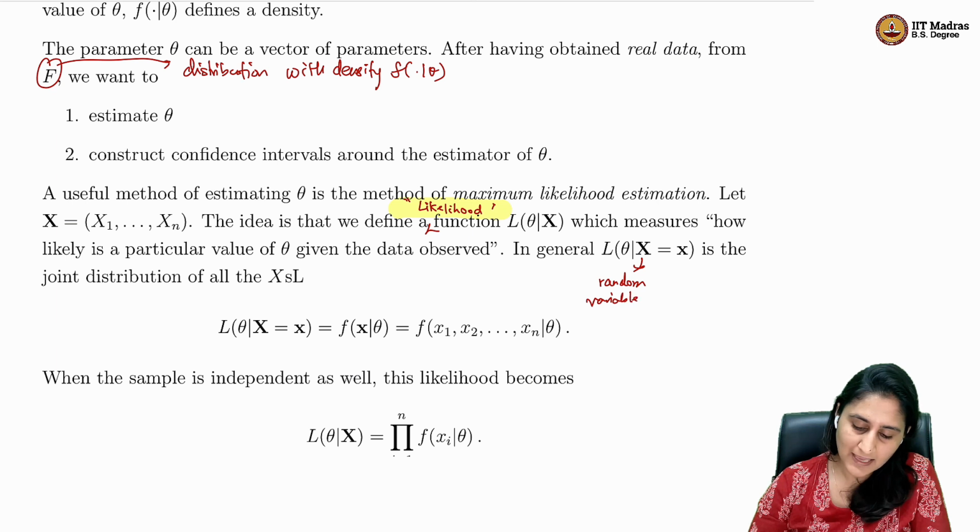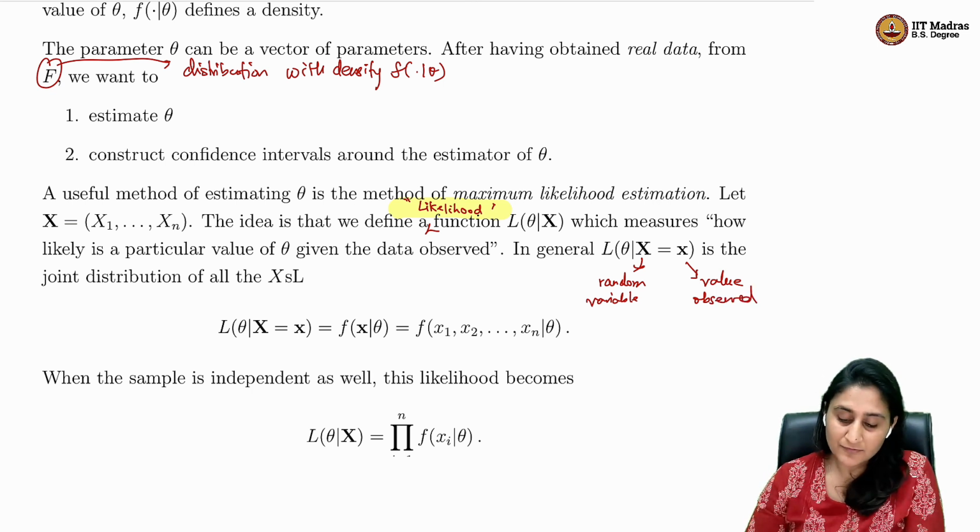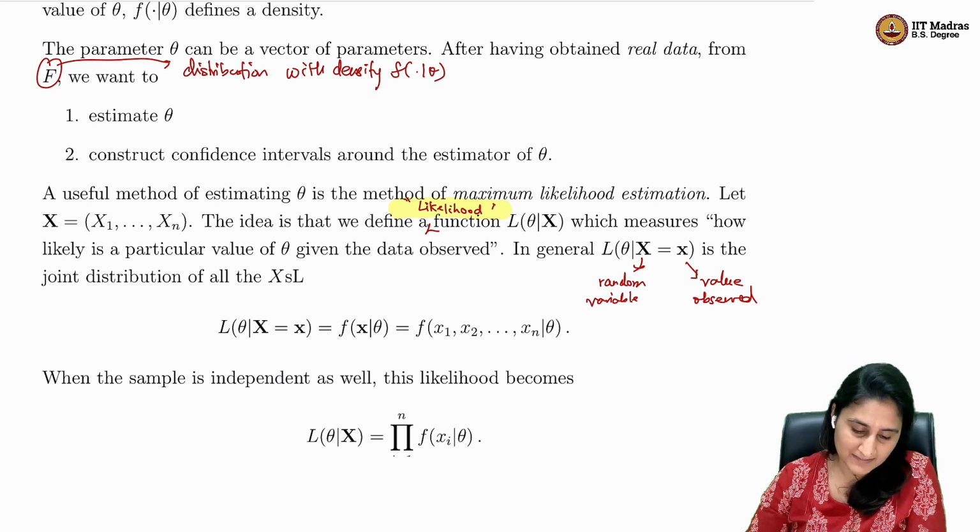And small x is the actual value observed. So in general, L of theta given the actual value of the data observed is nothing but the joint distribution of all the x's.